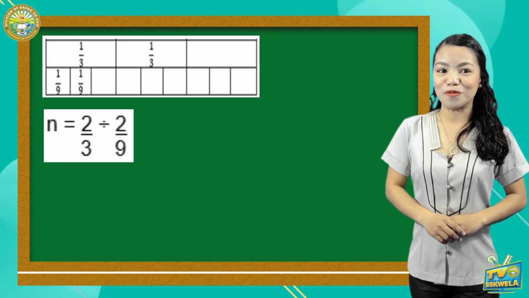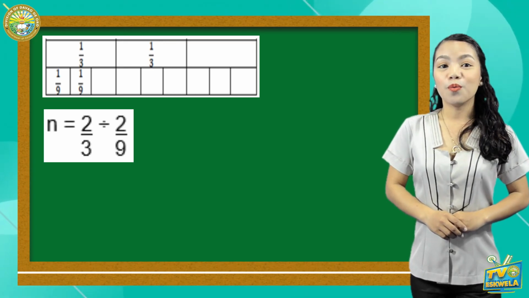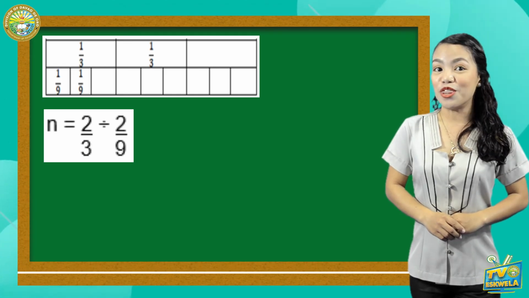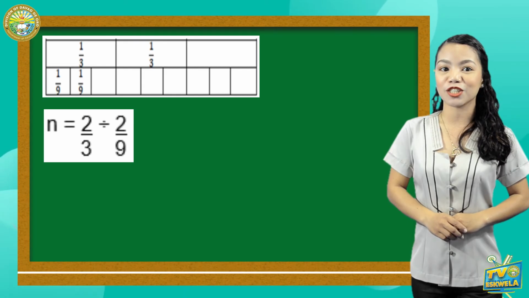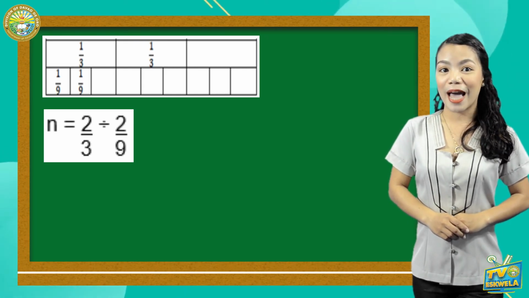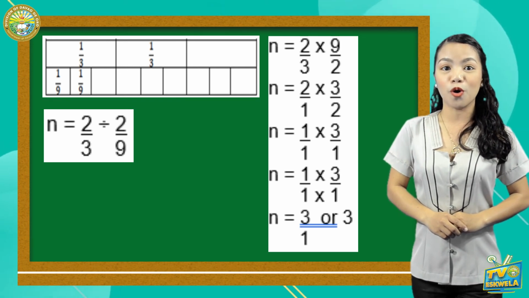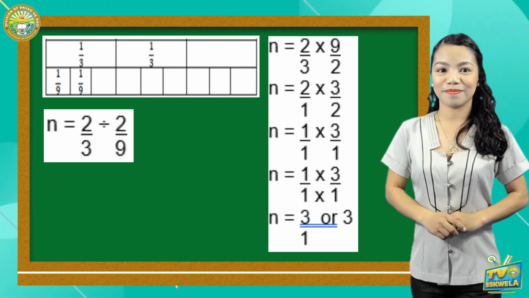Let's solve. In order to find its quotient, we change the operation to multiplication and then inverse the multiplier into its reciprocal fraction. You shall now have the number sentence n equals 2 over 3 times 9 over 2.